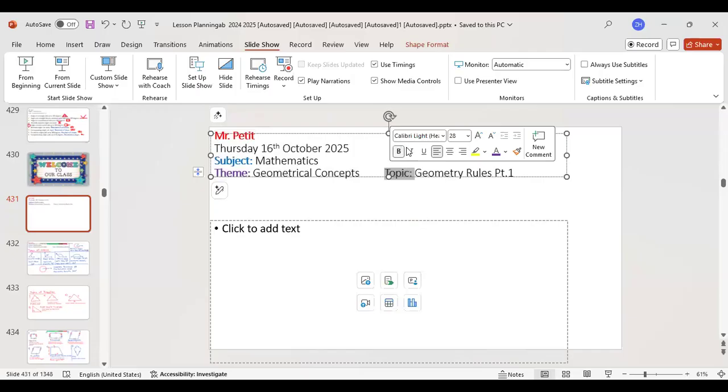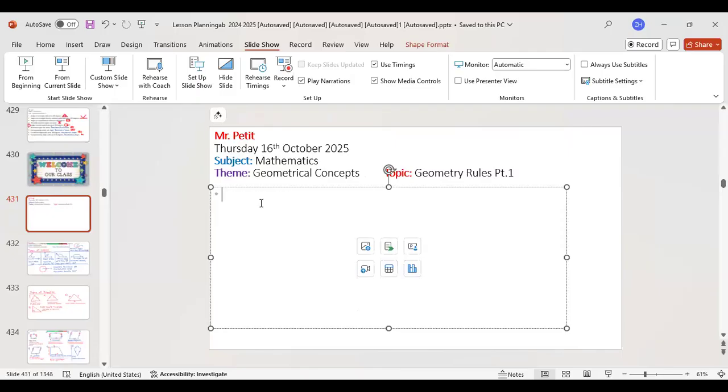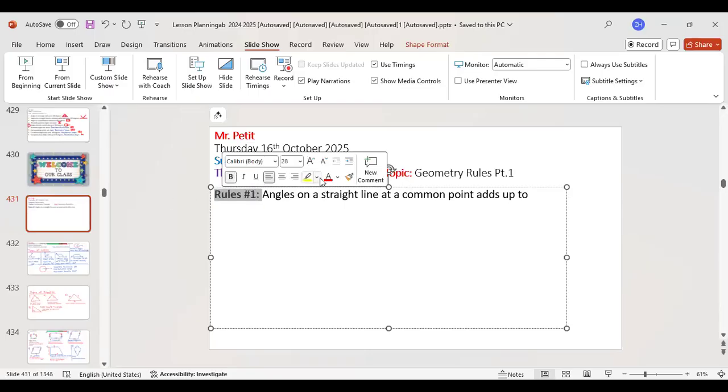So the first rule that we're going to look at, rule number 1, is that angles on a straight line at a common point add up to 180 degrees. Okay, so that is the first rule.